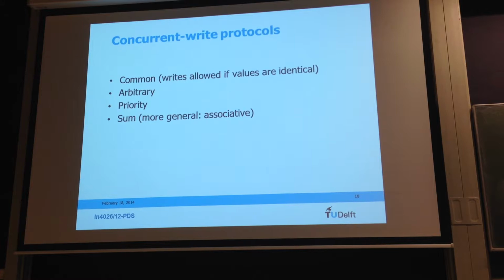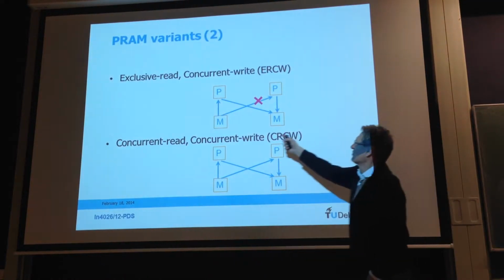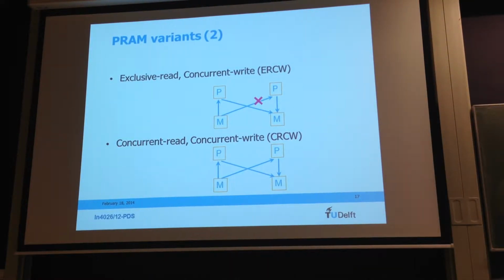Or we have concurrent read and concurrent write. We allow concurrent writing to a memory location. Well, concurrent write is not something which you can do without any harm. So we have to do something with the concurrent write scheme.